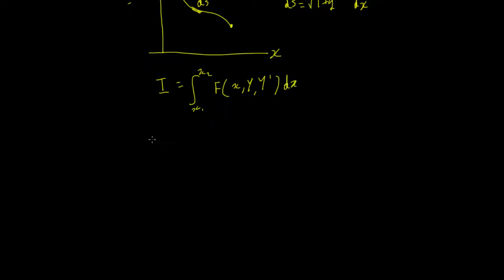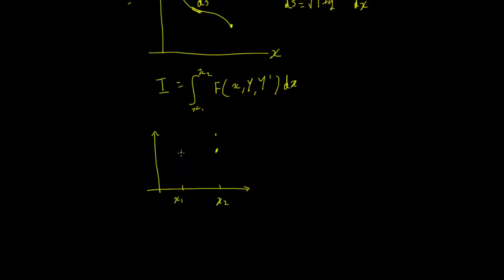Now, the Lagrange derivation starts off by looking at 2 points, x1 and x2, and imagining that we had a guess at what the shortest distance between 2 points was.